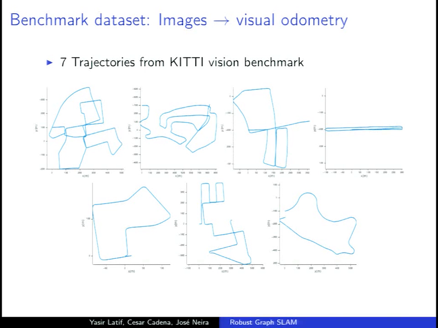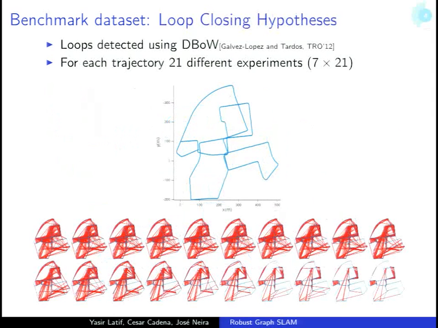Next, we proceeded for each of these trajectories to extract different sets of loop closure hypotheses, because this state-of-the-art algorithm that we use has a confidence parameter which you can move. And if you move that parameter, you can get something accepted on very low evidence or on very high confidence. And with this, you can generate different sets of loop closure hypotheses.